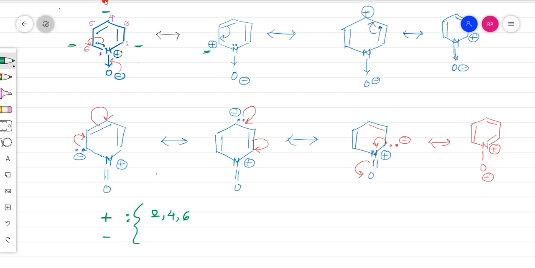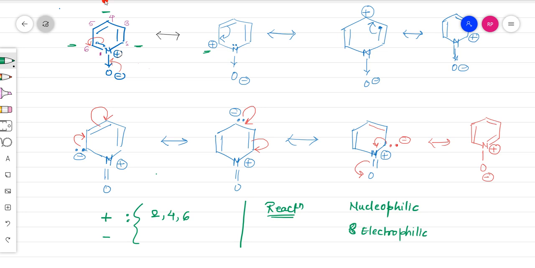Okay, that means in pyridine N-oxide, you have positive as well as negative charge on the same positions. Now which type of reactions will this show? Will it show nucleophilic substitution or electrophilic substitution? See, aromatic compounds undergo substitution reactions very easily.